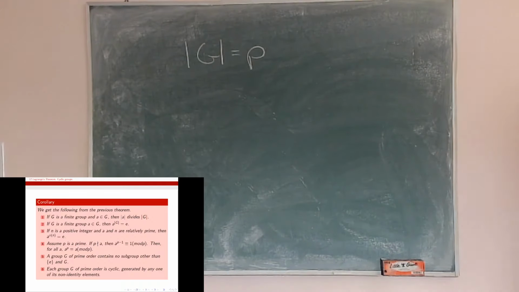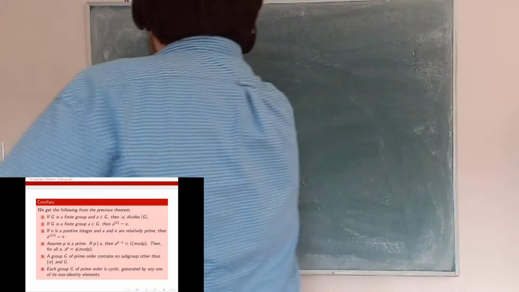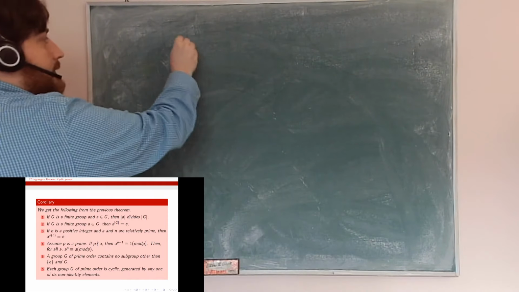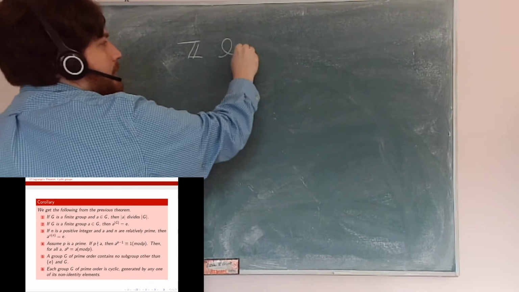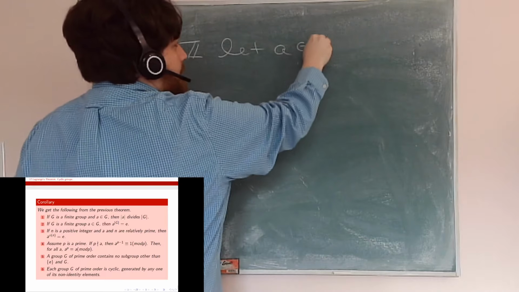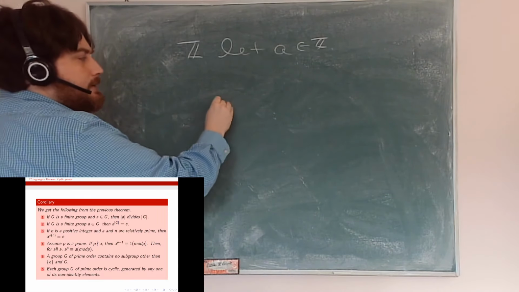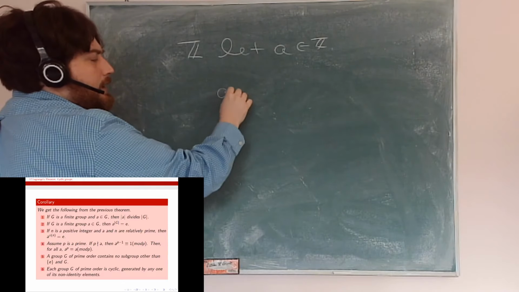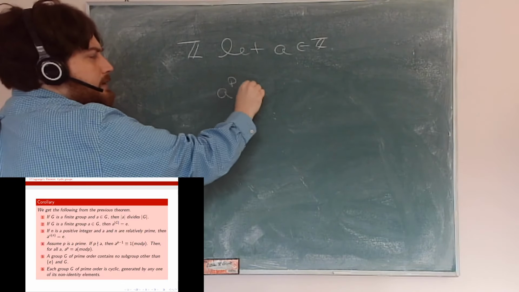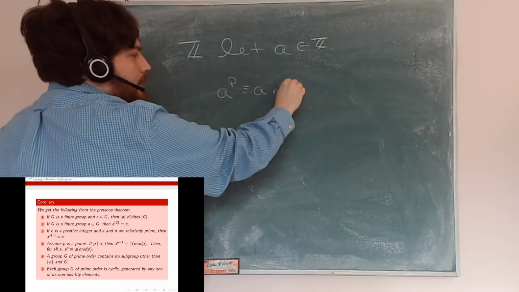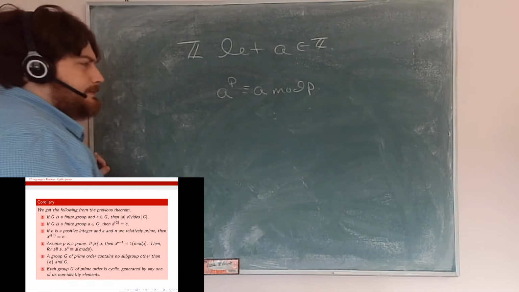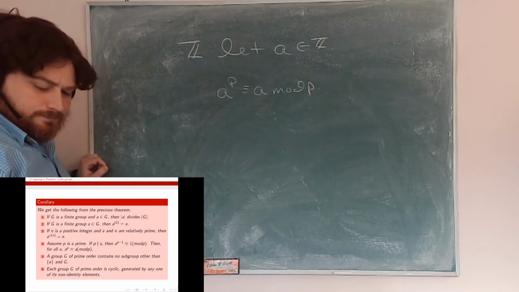What I have here is I'm just working with the set of integers. So I have Z, and I'm going to let A be an element of Z. And so if A is any integer, I want to show that A to the P is congruent to A mod P.